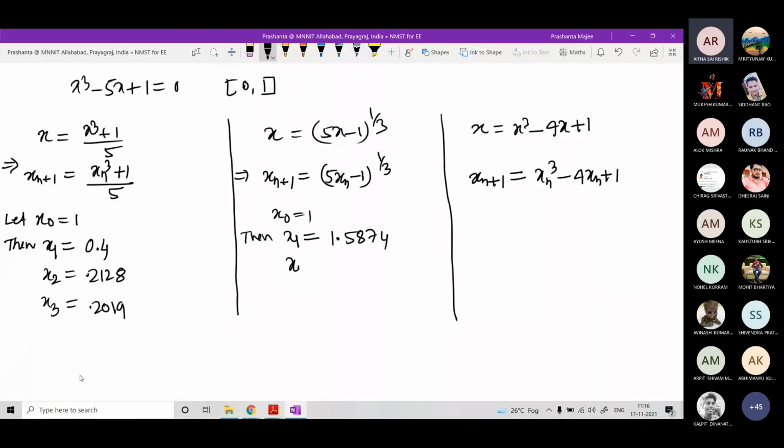What will be x2 and then what will be x3? That will be enough to tell you the behavior of these points. And I'll ask the same thing in the third representation.